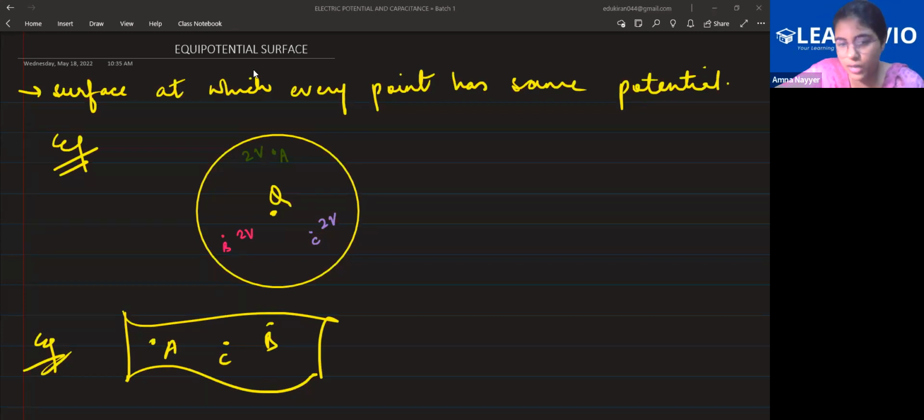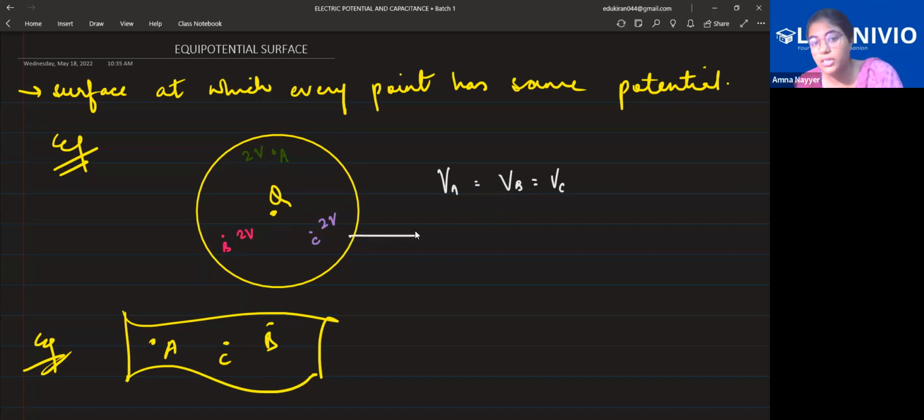Look at this example, this is a circle with 2 volt at point A, 2 volt at point B, 2 volt at point C. If I'm choosing any point, I am getting 2 volts. So it means VA is equal to VB is equal to VC. All the values are giving me just 2 volt. So in these cases where I'm getting 2 volt as my answer, this surface becomes an equipotential surface.